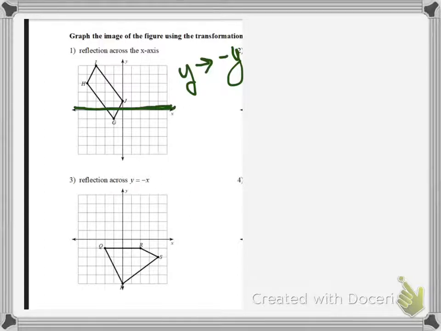So H is going to go down here. G is going to go up above. J is going to be down below, J prime rather, and I is going to be down here.